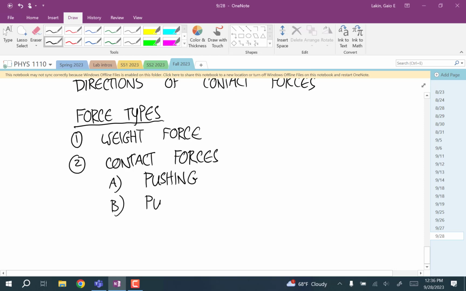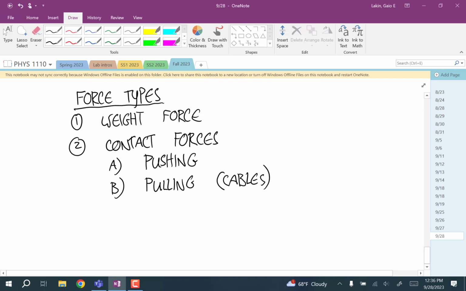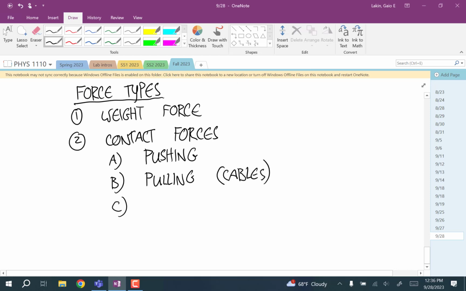The second one is pulling forces. And pulling forces we're always going to think of as being applied by a cable. Even if there's no cable there, we're going to imagine that contact being replaced by a cable. And then the third one is friction. And so for the next 2 days, we're just going to one by one go through these force types and talk about how to know the direction of each of these force types. Okay?